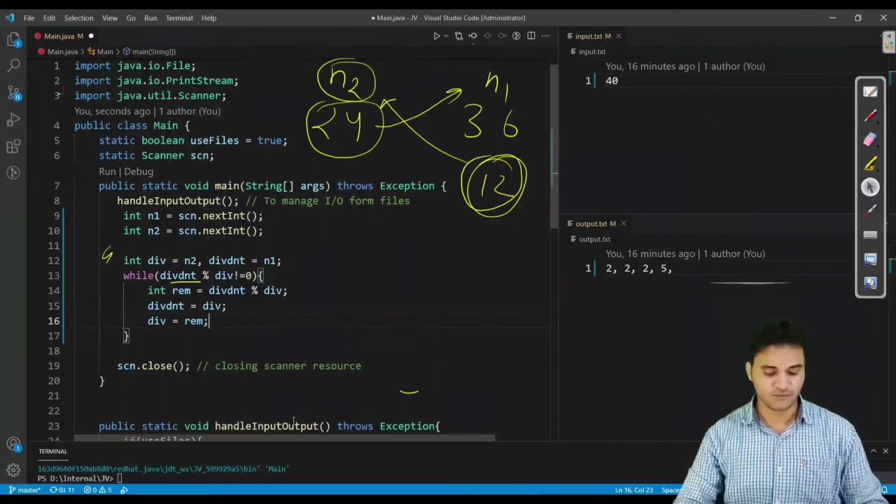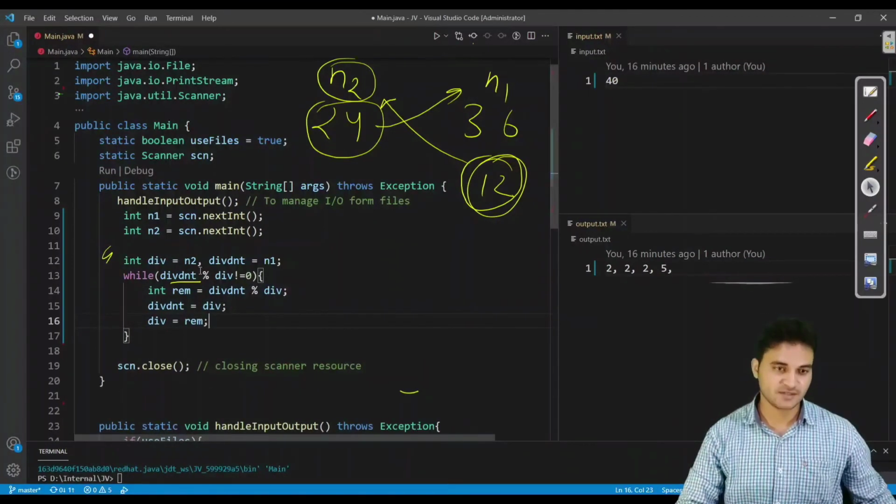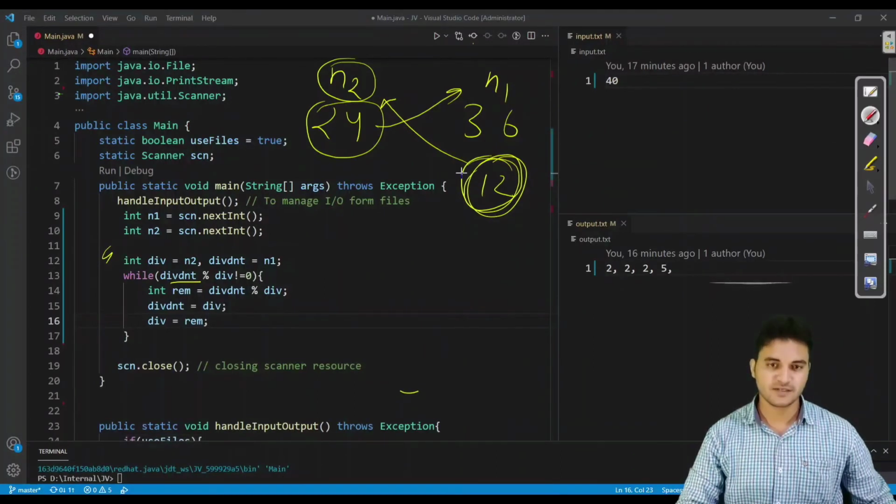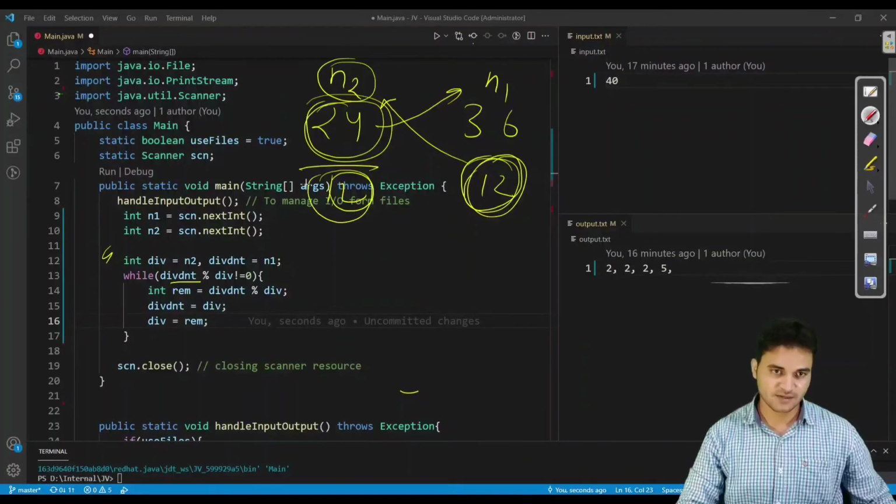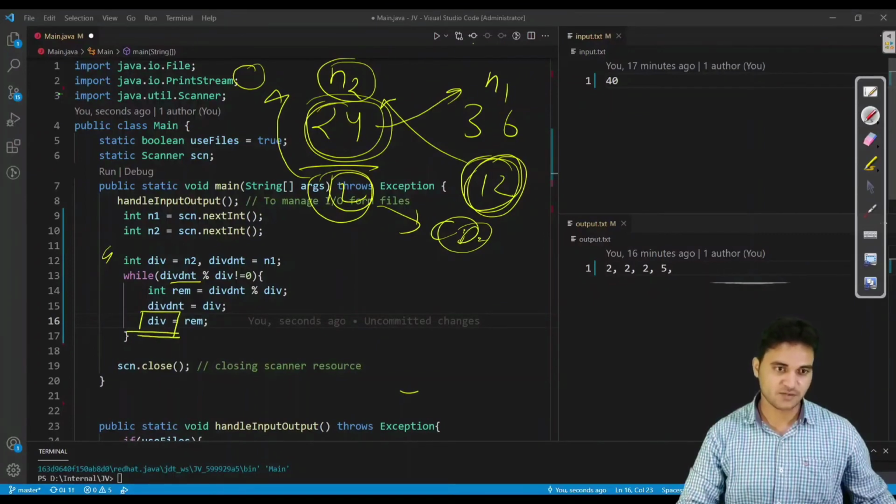Fine. So at any point, if this remainder is 0, let us say now the current divisor is 12 and the dividend is 24, then the remainder would be 0. So the divisor which makes the remainder 0 would be our GCD.